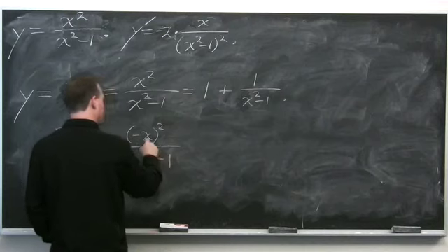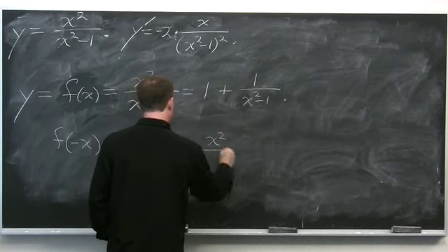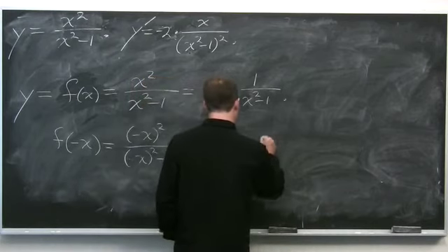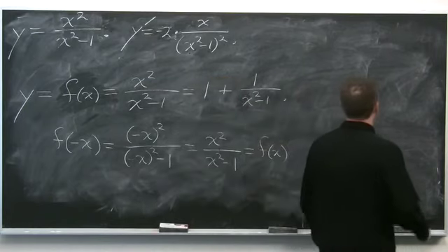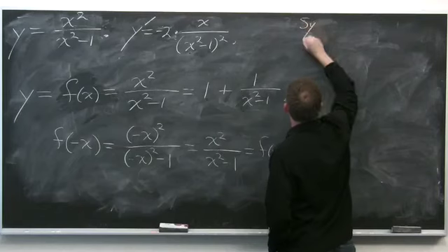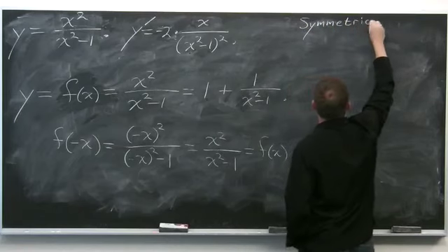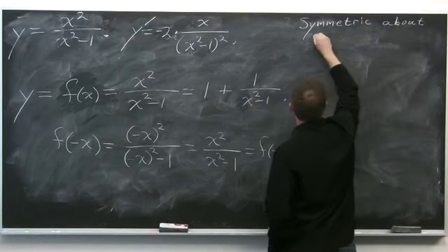And you square. But because you've squared, this is just x squared, this is just x squared. And of course, this is the same as f of x. What this means is that the graph is symmetric about the y-axis. So if we sketch the graph for positive x, we flip it around the y-axis to see what we get for negative x. Symmetric about the y-axis.